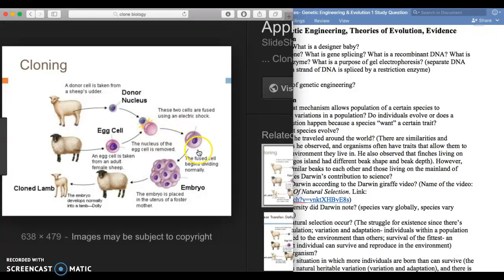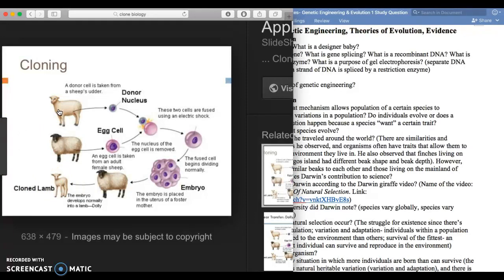After this nucleus and the cell fuse, it divides into an embryo, and then we put this embryo into a carrier sheep so that the baby sheep, the cloned sheep, can grow up within this sheep, and then this little lamb is born as a clone of this original sheep.